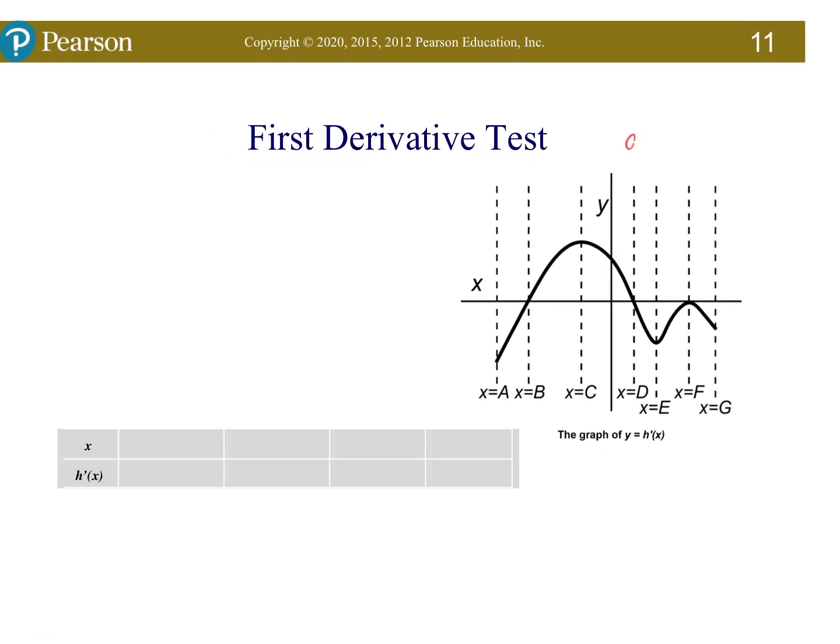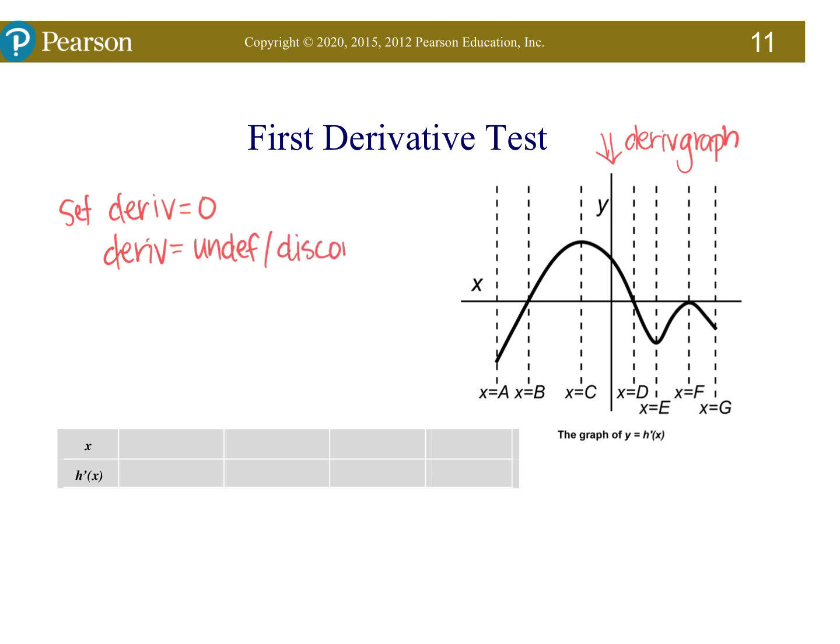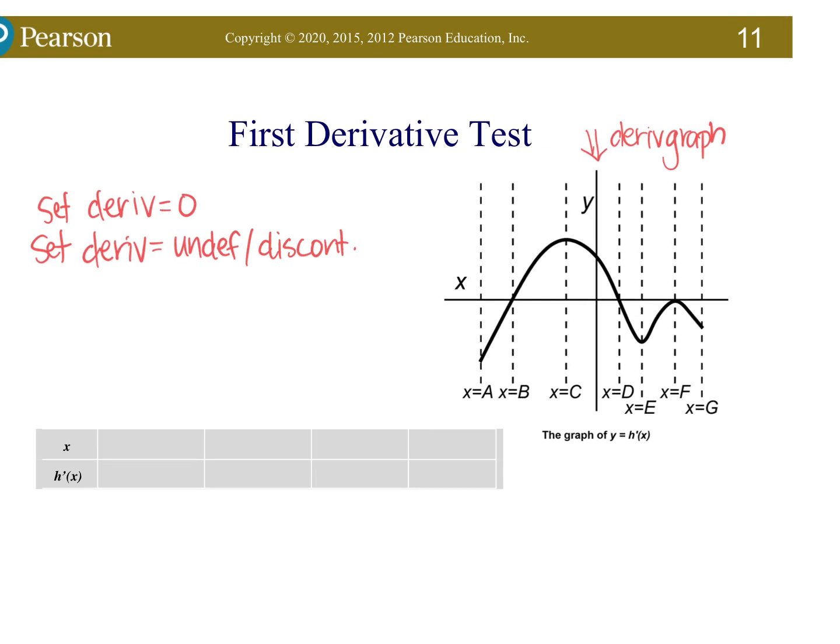Here's another derivative graph. You set the derivative graph equal to 0 and set the derivative equal to undefined or discontinuous and see what you get. When I set this derivative graph equal to 0, I see that I get 1, 2, 3 again.